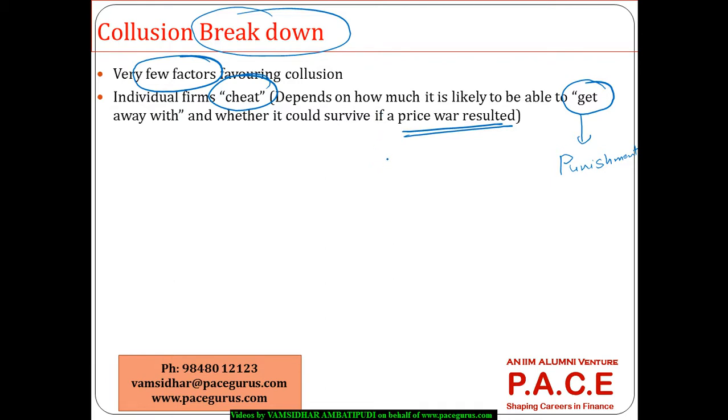In those cases, we see that the individual firm can really cheat. There is a real incentive for the firm to cheat, but of course, the consequences are very dramatic. So there is very much a possibility that collusion breakdown can occur in oligopolistic markets.